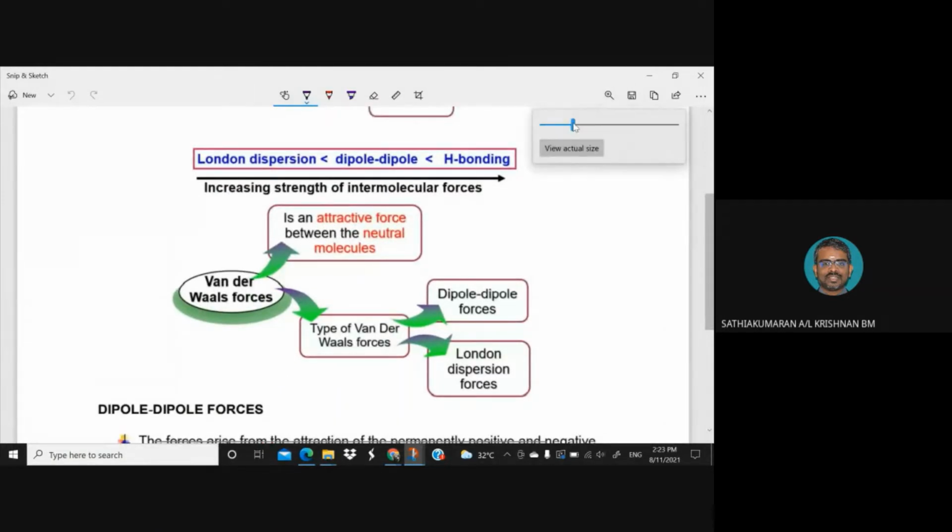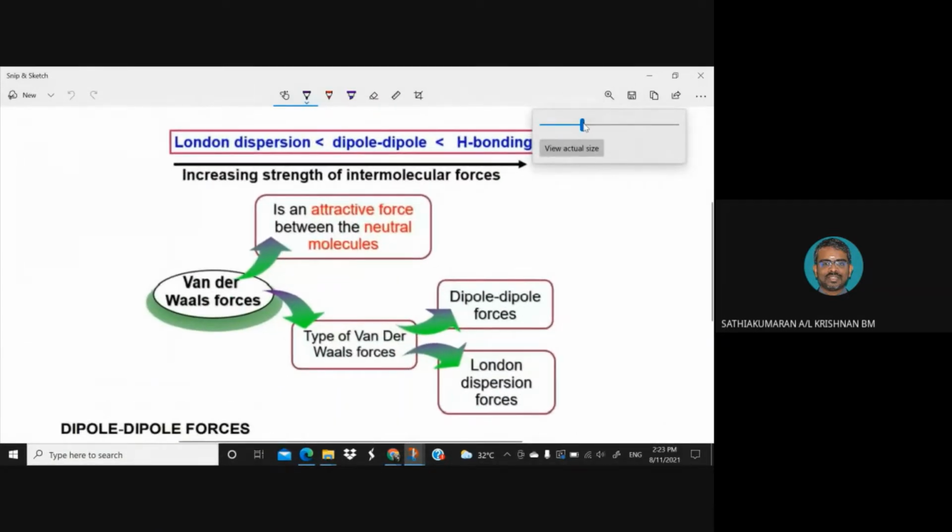Which intermolecular forces are the strongest? And which intermolecular forces are the weakest? You're going to see in this section.